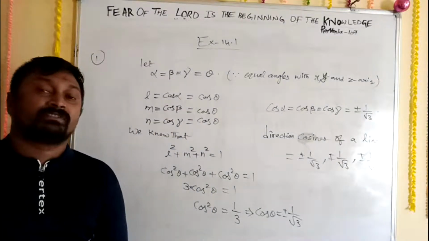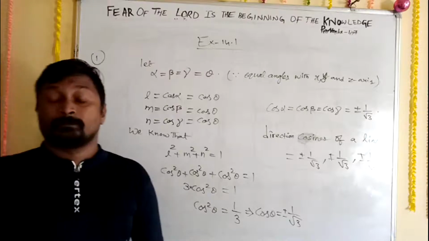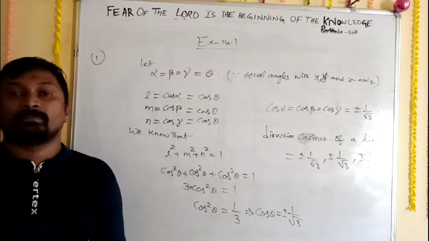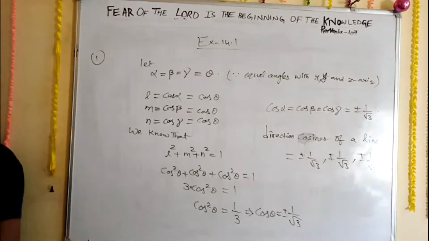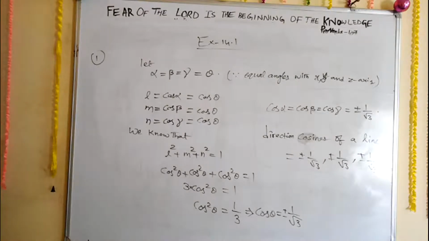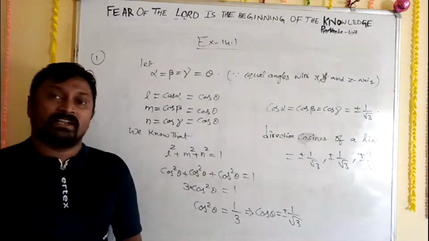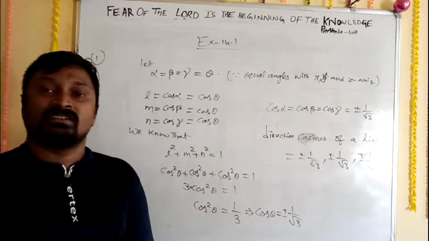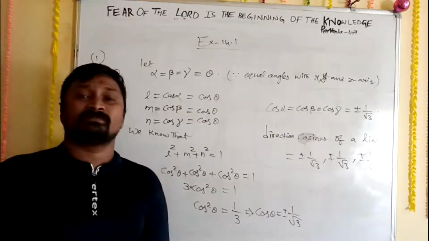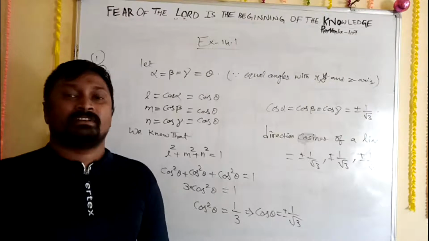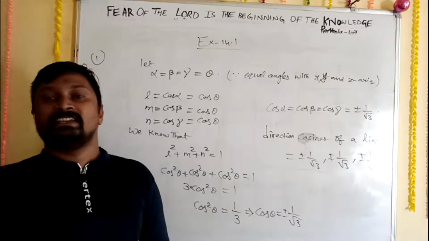Is anyone having a doubt on question number 1, exercise number 14.1? All right, I hope you all understood that. No doubt, sir. Okay. Is Kirtan present or absent? First he was present, then where is he?